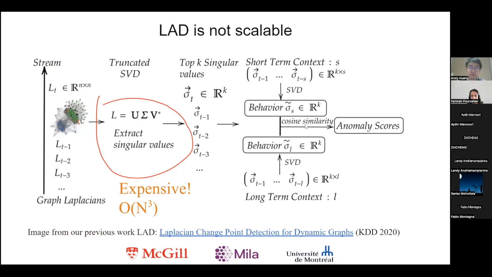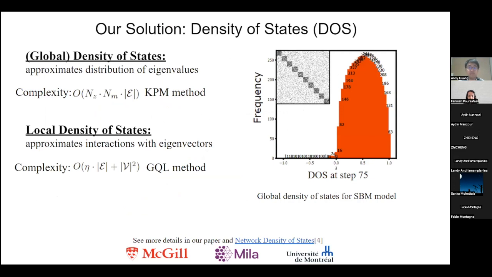The main limitation of LAD from before is the computational complexity. Because we were computing the exact singular values, this can be very expensive on large graphs, O of n cubed. So the solution is density of states.